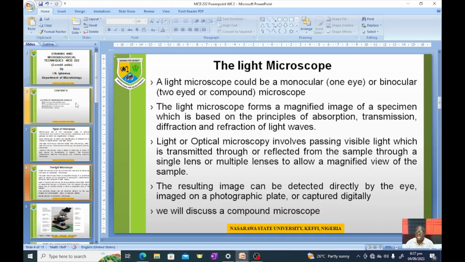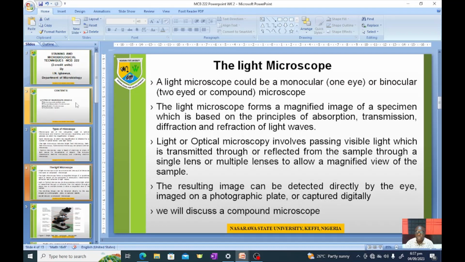Light or optical microscopy involves passing visible light, which is transmitted through or reflected from the sample, through a single lens if it is monocular, or multiple lenses if it is binocular, to allow a magnified view of the sample.